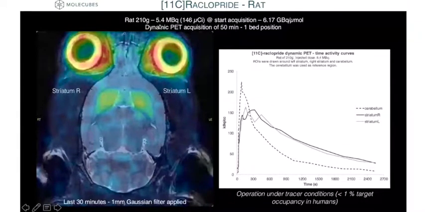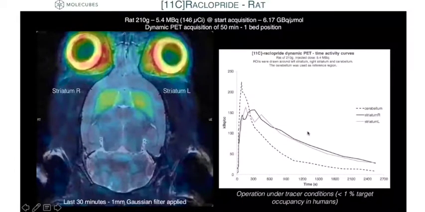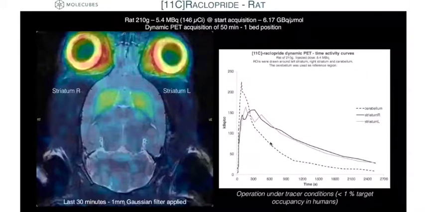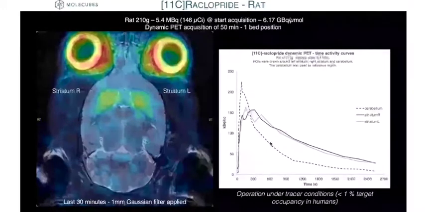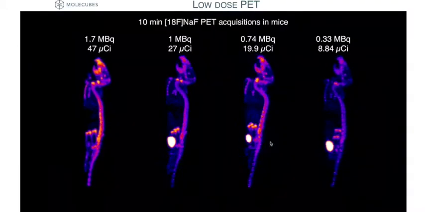So here we inject an animal with only 5 megabecquerels of raclopride, and still you very nicely see the 2 striata. If you draw dynamic curves, so time activity curves, they look pretty smooth, they're not too noisy, and so you can put this into a model, for example, the simplified reference tissue model, to do kinetic modeling, and in this way do absolute quantification of the tracer dynamics.